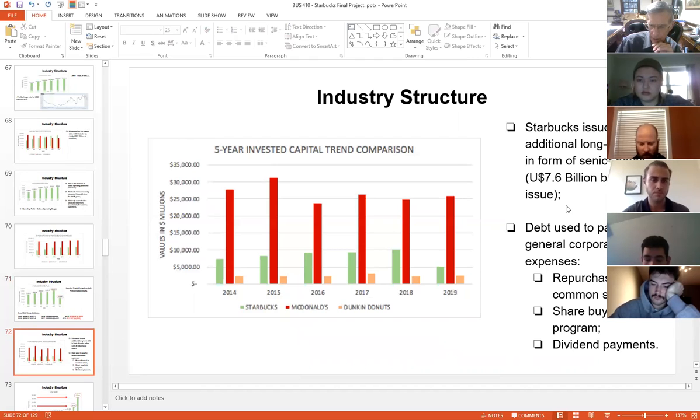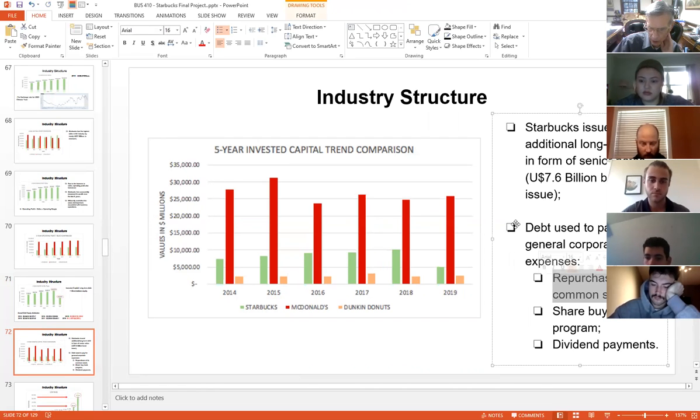If you get a chance, you probably want to make these boxes come out to be in the same place as the debt one. General corporate expenses are one thing. That's operations. Repurchasing stock, buying back stock, and paying dividends are capitalization, whereas this bullet up here is about operations, paying the daily bills.